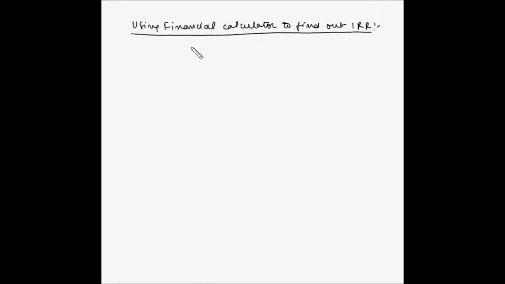So let's consider the case of project S. So the cash flows: C0 is minus 1000, C1 is 500, C2 is 400, C3 is 300, and C4 is 100. So let me pull my calculator.